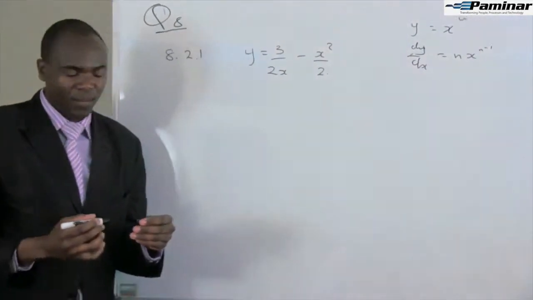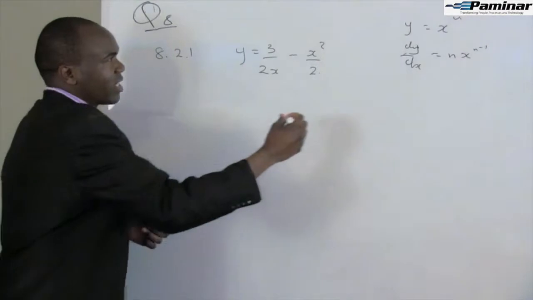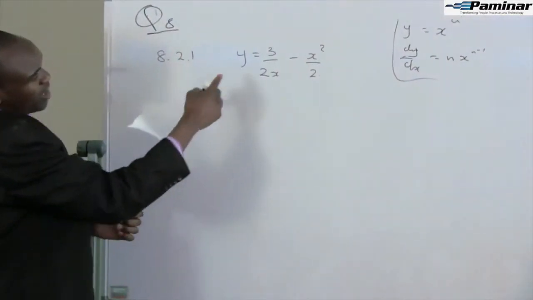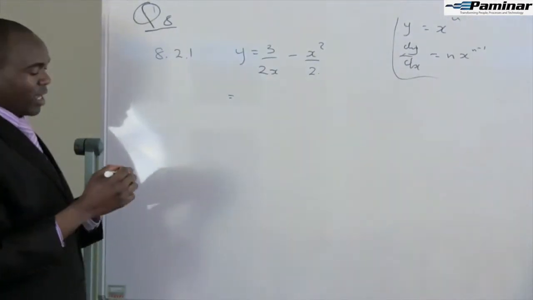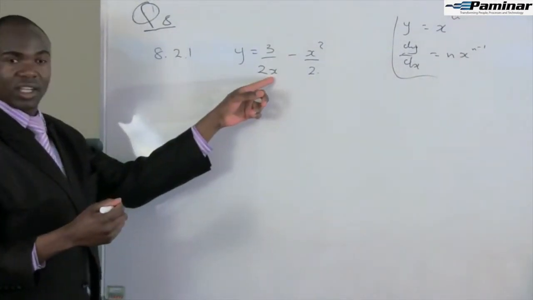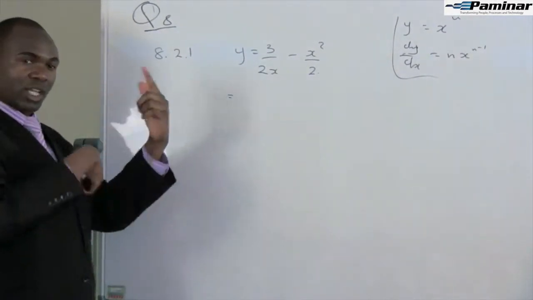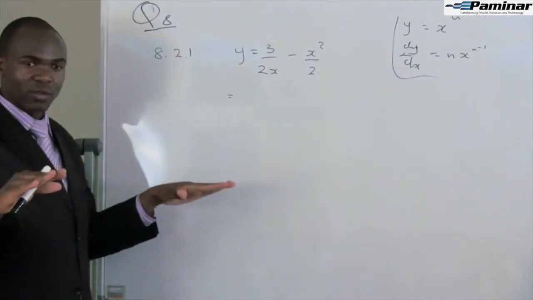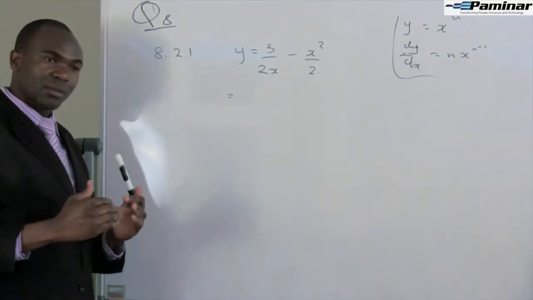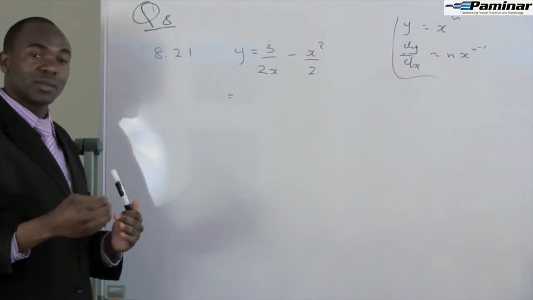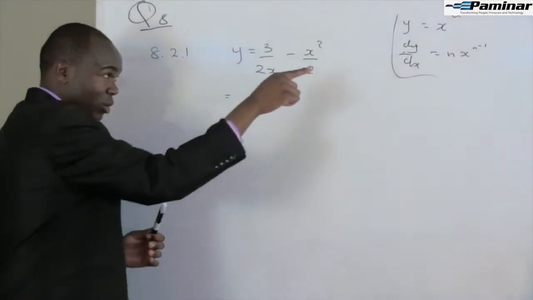So now we want to apply that. If you look intently, this one has got x underneath. But we can bring it to our level, so to speak. Whenever you're dealing with this, express it in the way that you understand so that you can apply that rule.